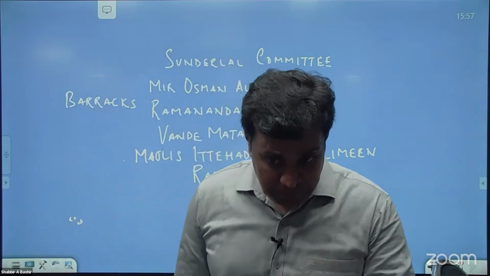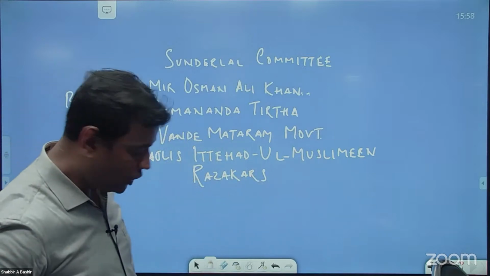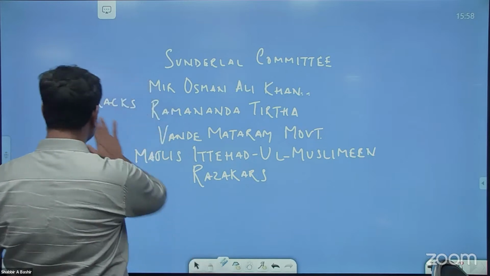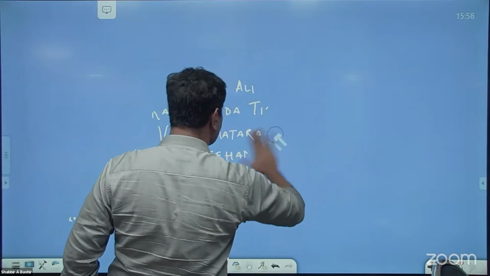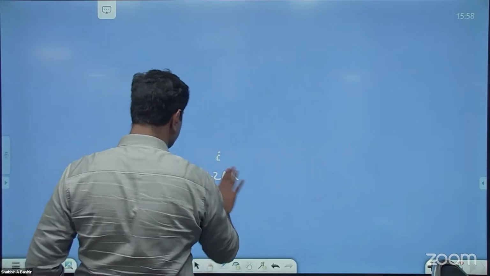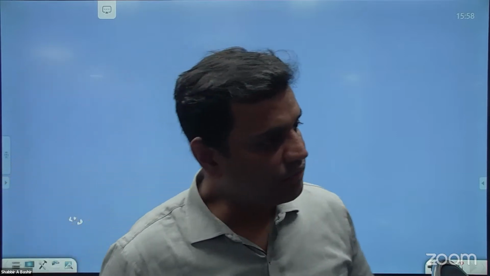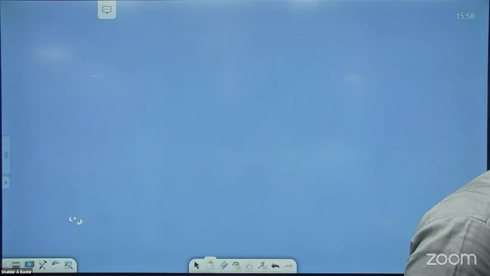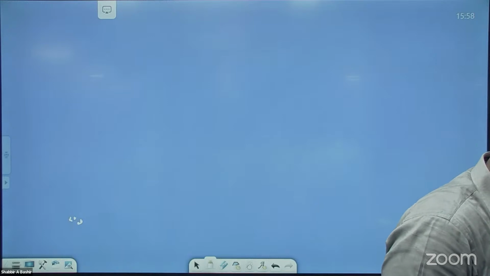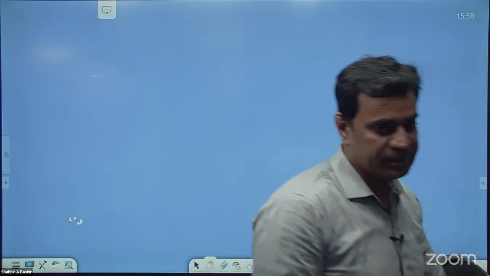In praise of Sardar Vallabhbhai Patel, this institution was formally named Sardar Vallabhbhai Patel National Police Academy.